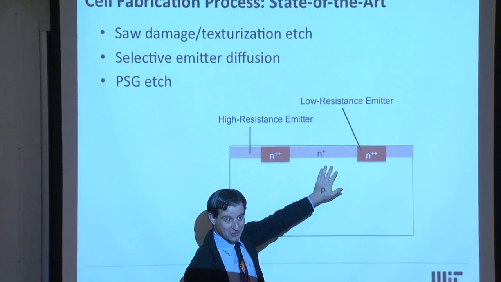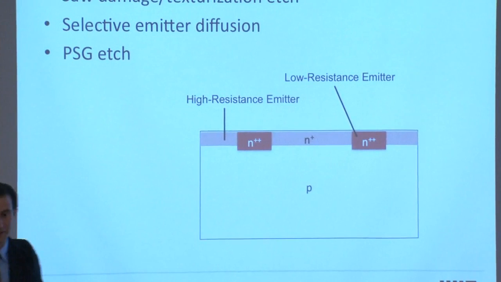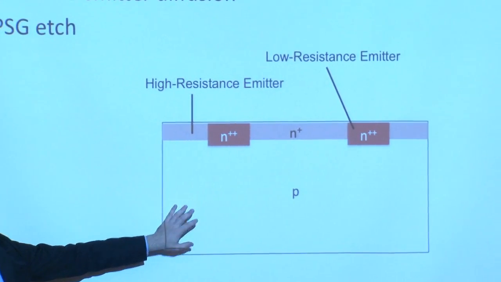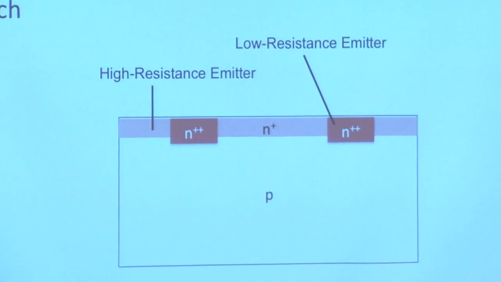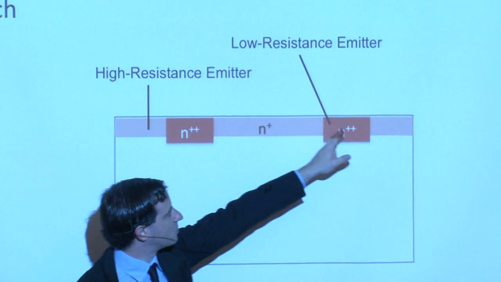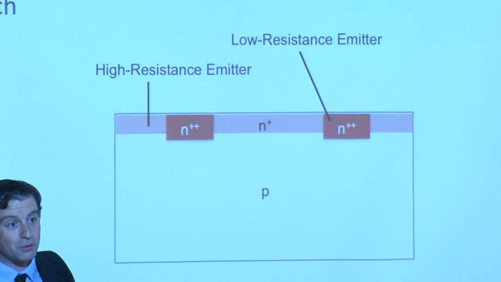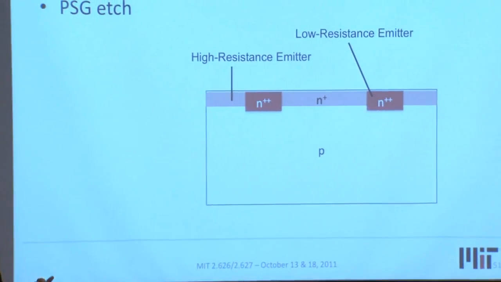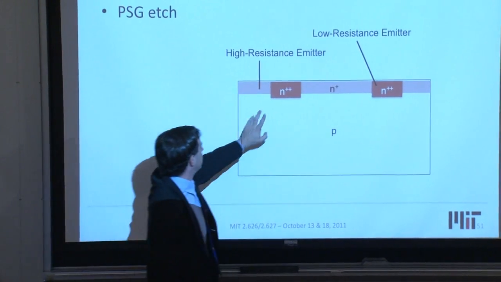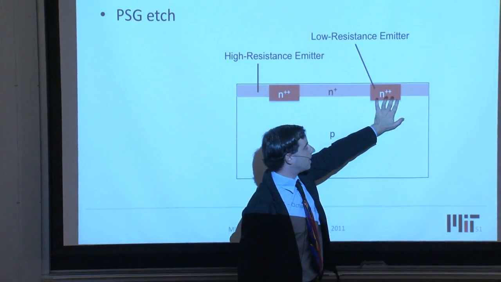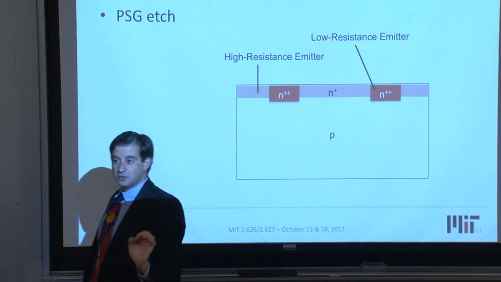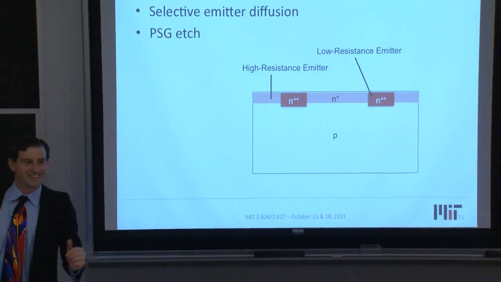You remember in your quiz 2, you have this decision whether to take a shallow or deep. This architecture, which is used in industry, actually combines the best of both worlds. It has a shallow emitter over most of the solar cell device to improve the blue response and minimize Auger recombination. But it also has a deeper emitter right underneath the contact metallization to prevent shunting and to reduce contact resistance.